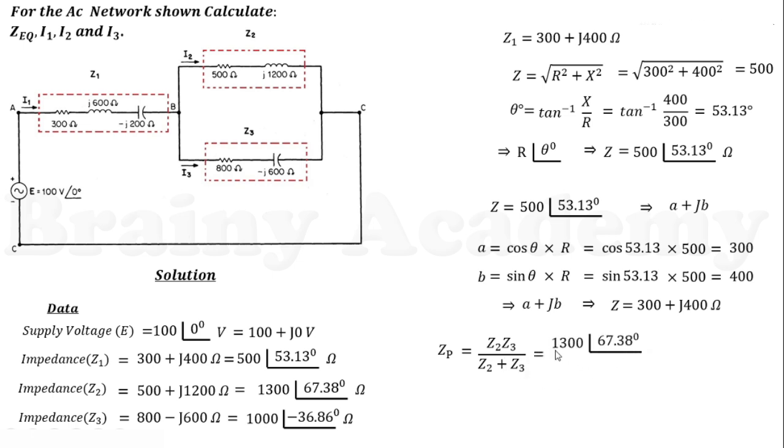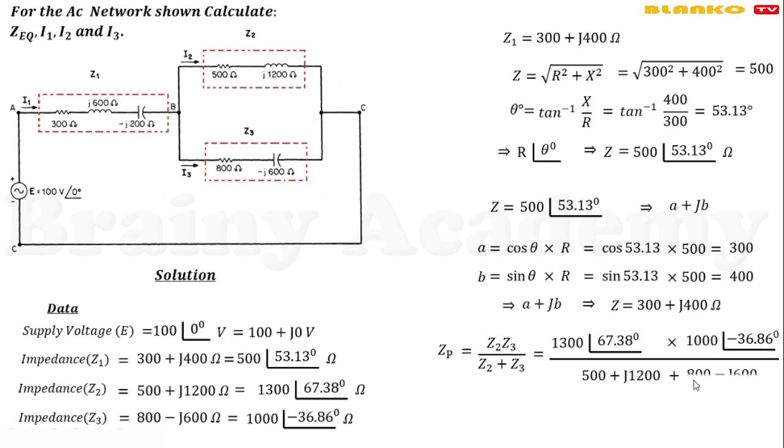So we have 1300 angle 67.38 degrees, which is Z2, multiplying 1000 angle negative 36.86 degrees, which is Z3, over 500 plus j1200, which is Z2, plus 800 minus j600, which is Z3.